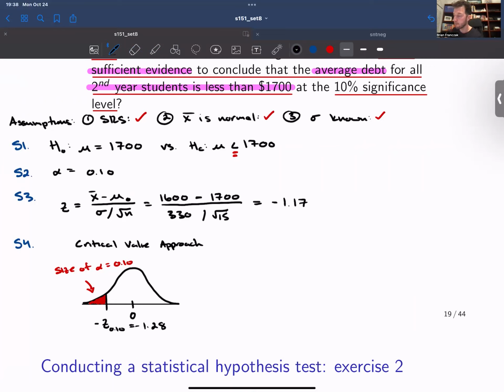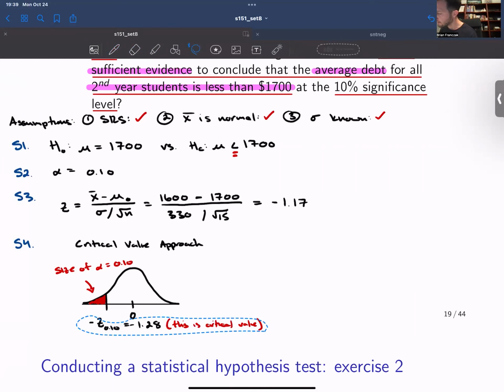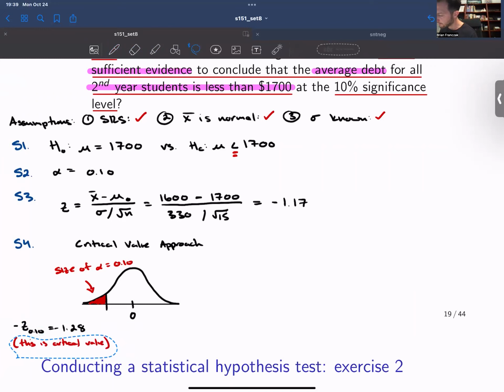So this number, negative 1.28, is the critical value. Now that we have the critical value, we can mark down where the test statistic value is located compared to the critical value.